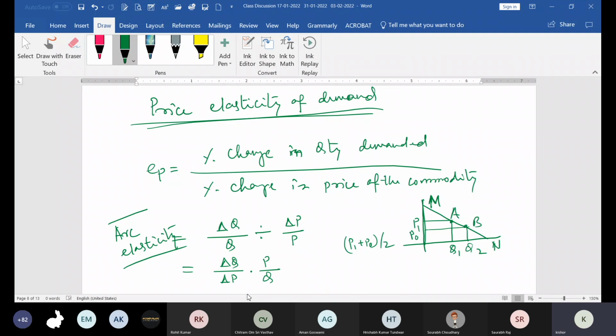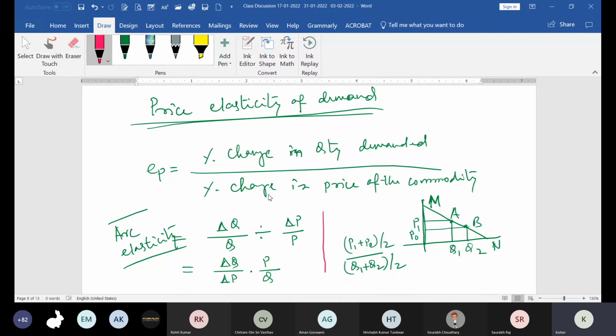Instead of directly considering P, they consider the average value, similarly Q1 plus Q2 divided by 2 in this diagram. Instead of directly considering these two, they consider this average value. That may be one solution. So in certain books, you may find it that way.